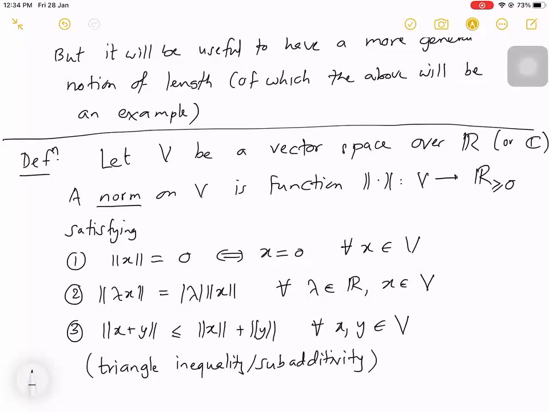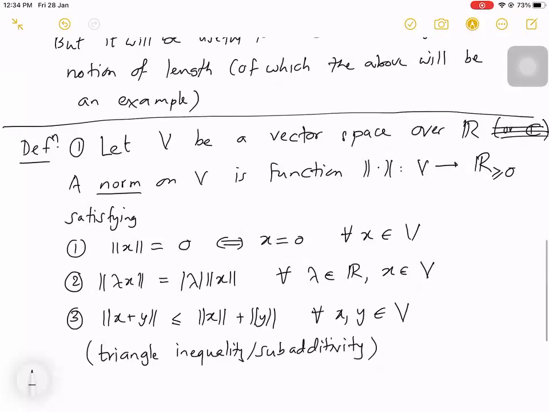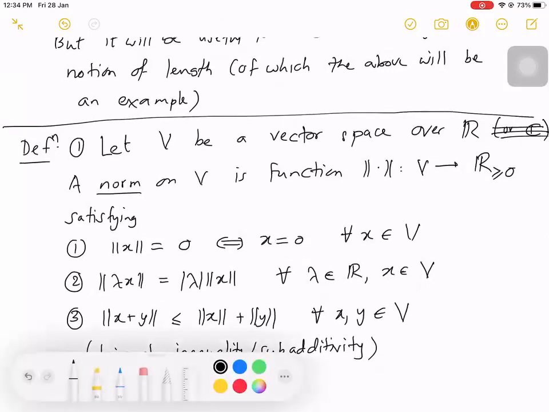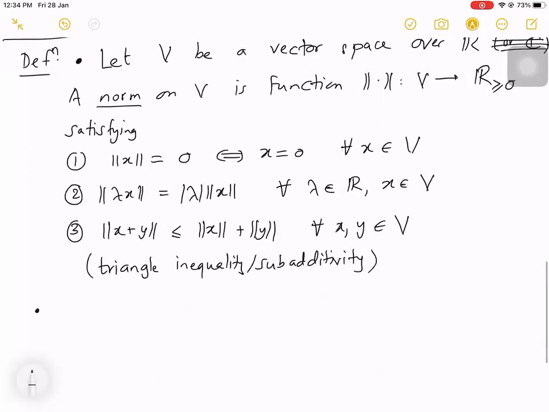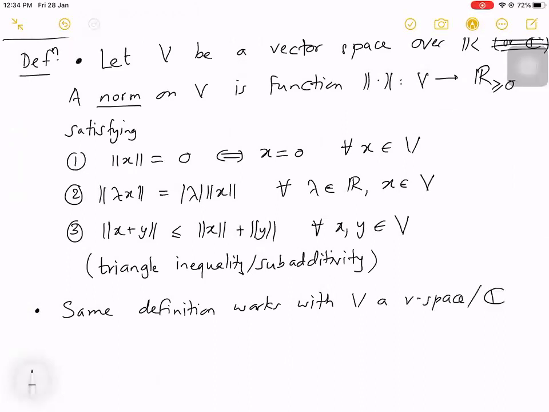So definition, with V a vector space over complex numbers.